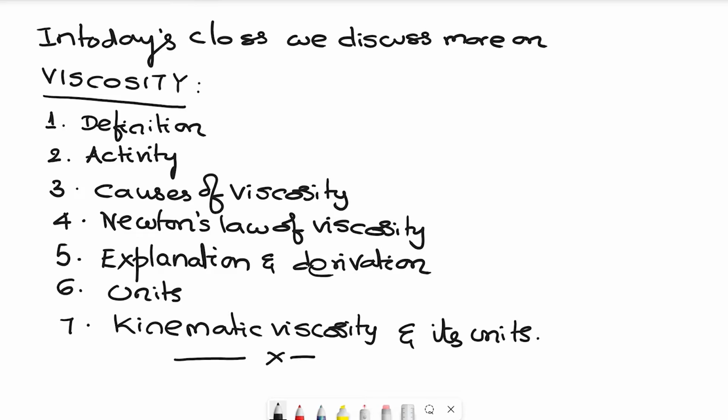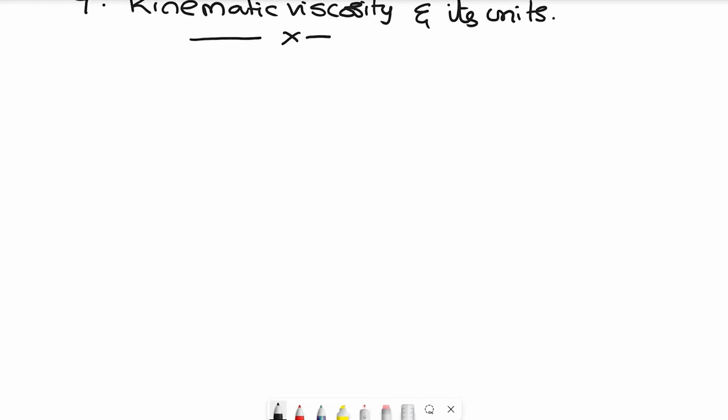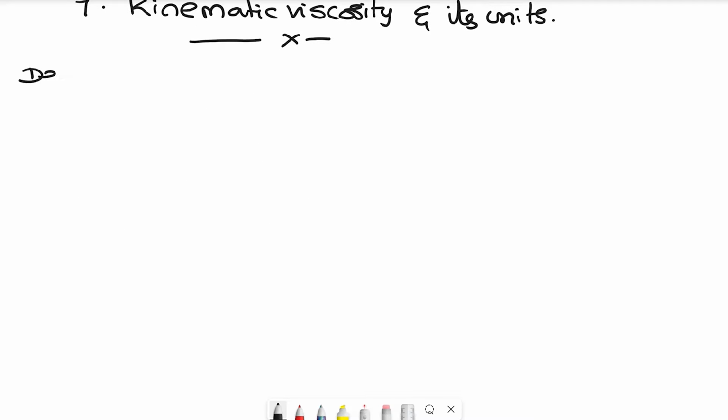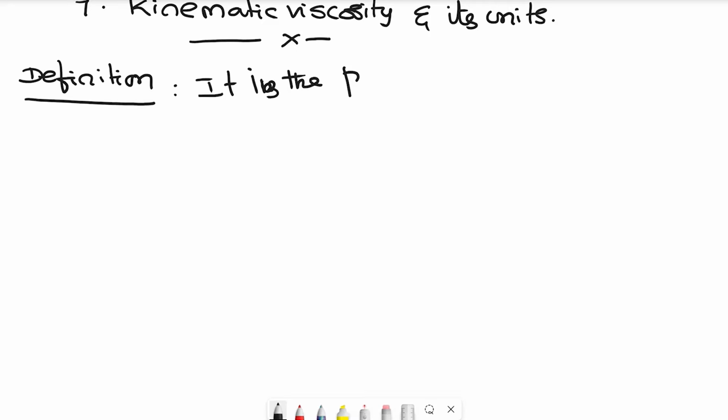So after seeing the activity, I will now concentrate on what is the definition of viscosity. What is the definition? It is the property of the fluid, because that is what we are talking about. It is the property of fluid. First thing that should come to your mind.